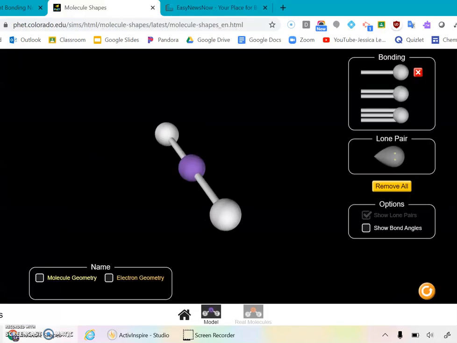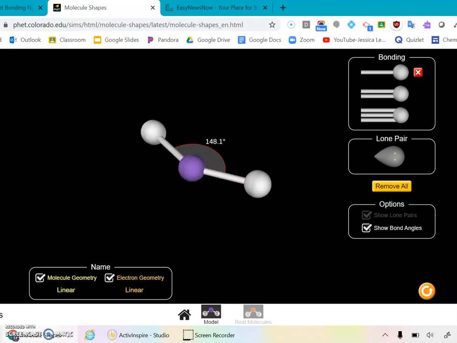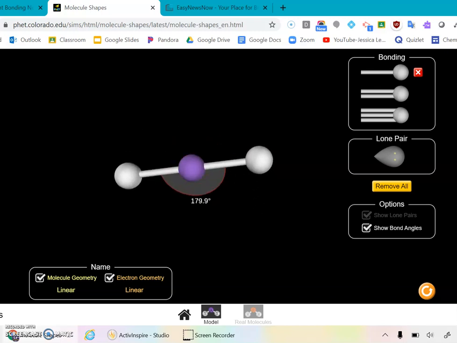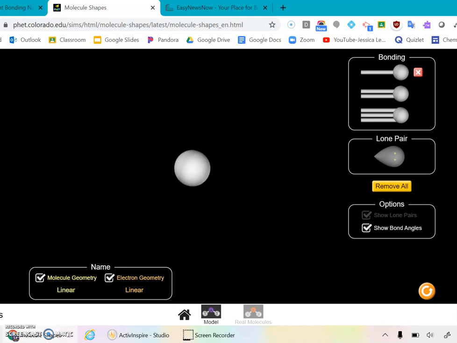One of the things we want to look at here is the molecular geometry, and show the bond angle as well. If we have just two things bonded to one another, it's a linear shape. It doesn't really matter how it's positioned. There's no angle because there's not three things there.